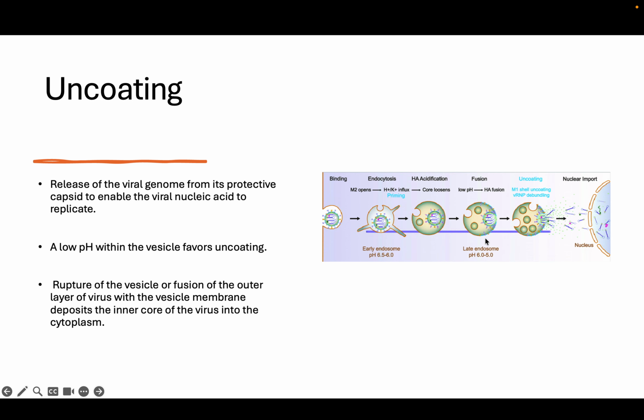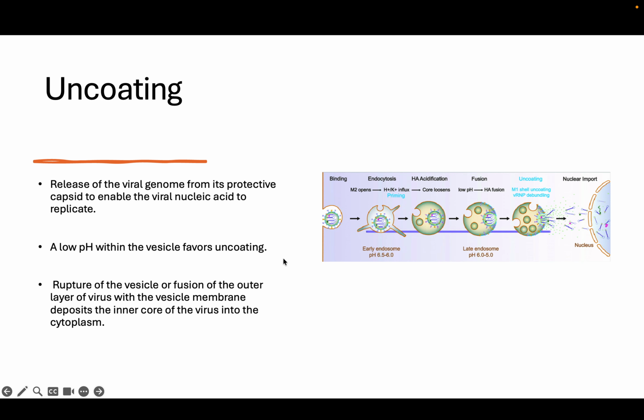The virus is going to notice that change, and either the pH ruptures this vesicle and the virus inside of it, and it's going to release the naked nucleic acid, or it's going to cause certain proteins in the virus to destroy the whole endosome and release the nucleic acid. So it's the low pH that causes this uncoating. That's what you have to remember.